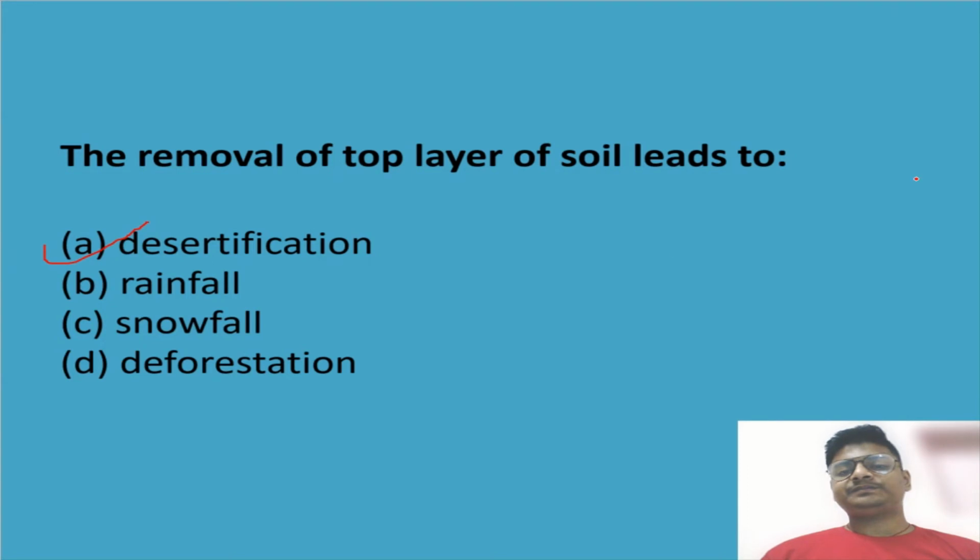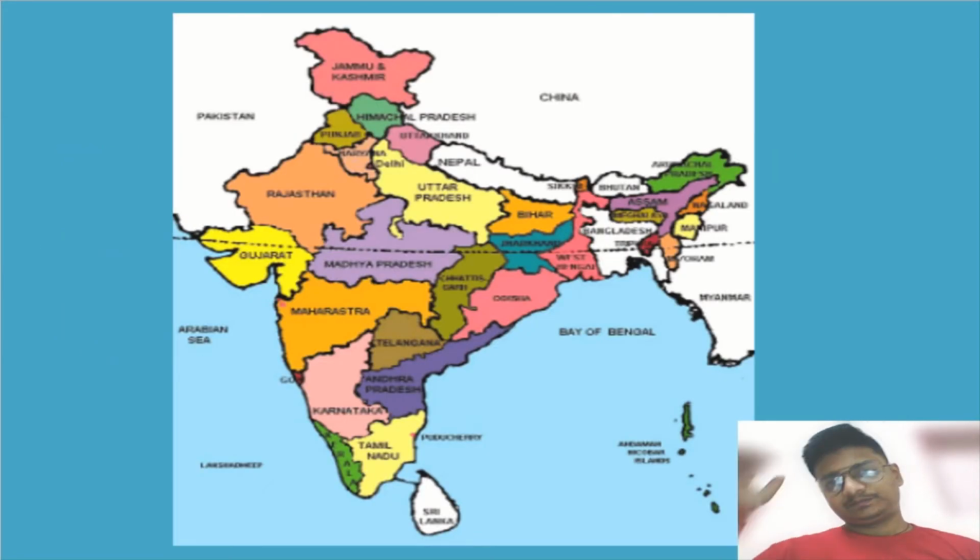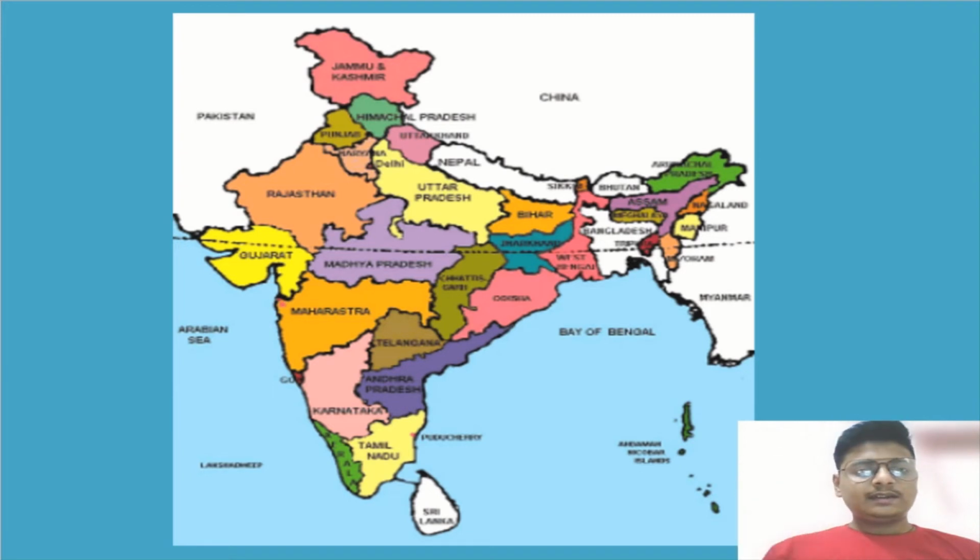Okay students, now after this let's go to an image. In this image we can see the Indian map. Let me ask you, how many of you have visited any kind of national park or wildlife sanctuary? Okay students, so tell me some names in the comment section.